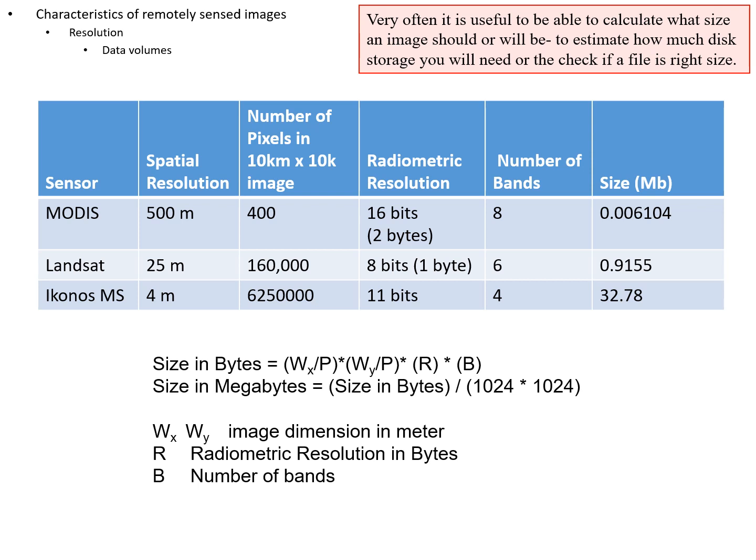If you look at IKONOS, just the multispectral data, that's 4-meter data. So there are 6,250,000 pixels in a 10 kilometer by 10 kilometer image. The radiometric resolution there is 11 bits, which is kind of a weird number, but they're just trying to keep the images as small as possible. 4 bands, and so each 10 kilometer by 10 kilometer area has about 32 megabytes.